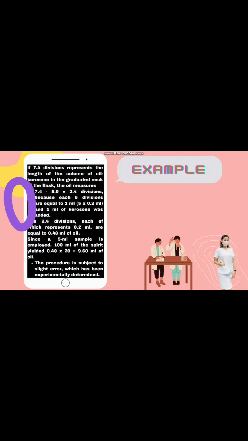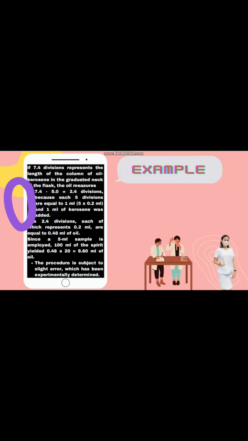So here in our example, let's say the length of the oil kerosene is 7.4. We subtract 5 divisions, which was stated in the procedure earlier. So 7.4 minus 5.0 is equal to 2.4 divisions.